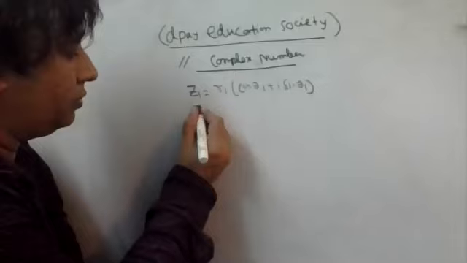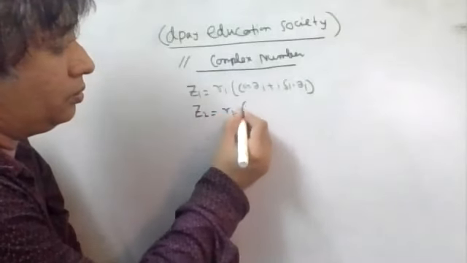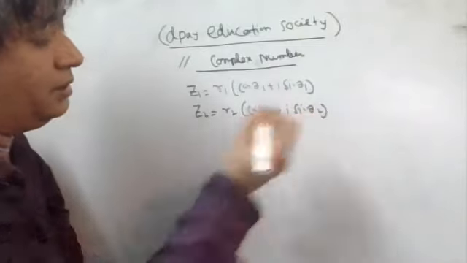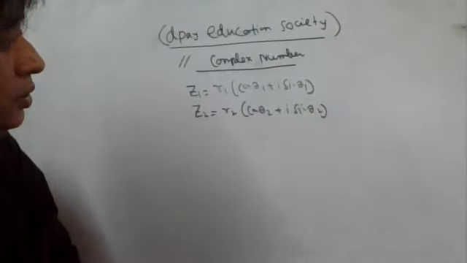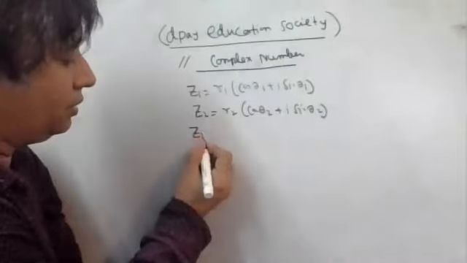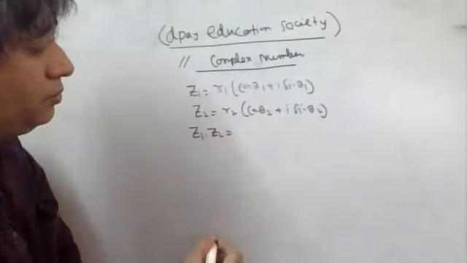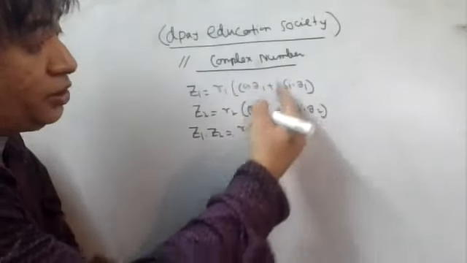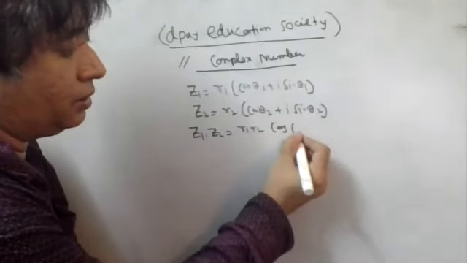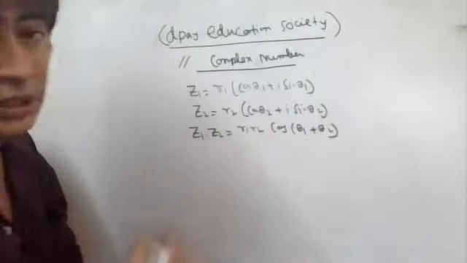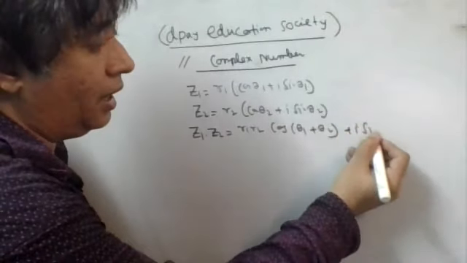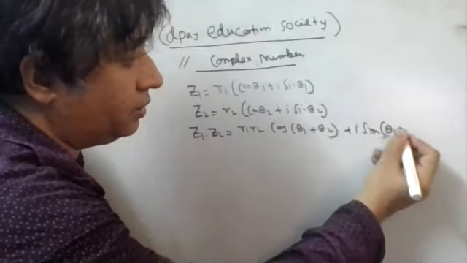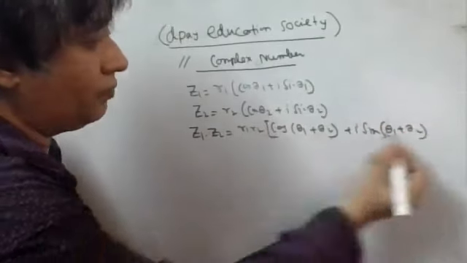Z2 = r2(cos theta2 + i sin theta2). So if I multiply Z1 and Z2, I will get the additive form of these two angles: cos(theta1 + theta2) + i sin(theta1 + theta2).